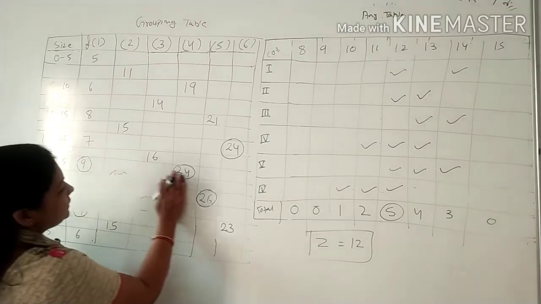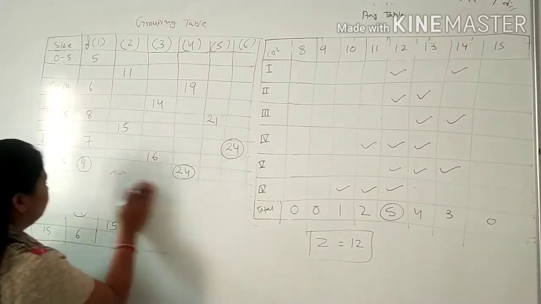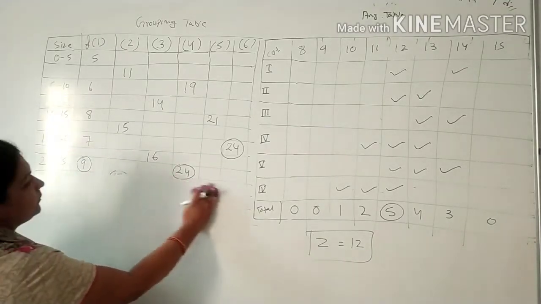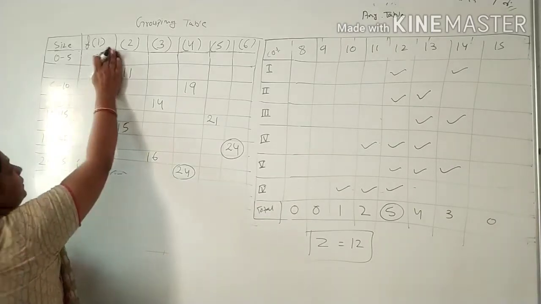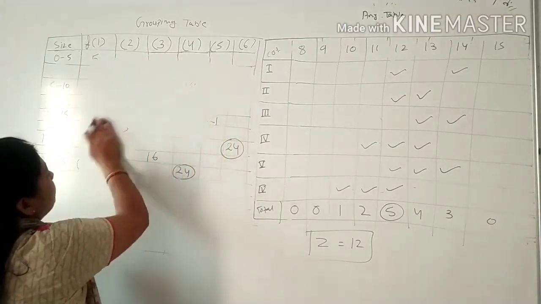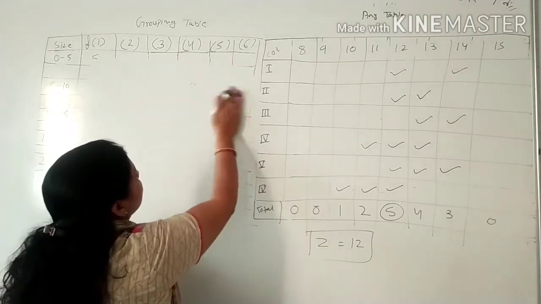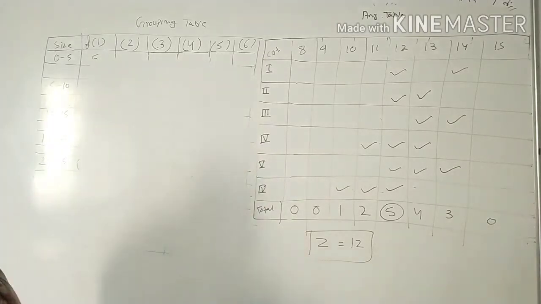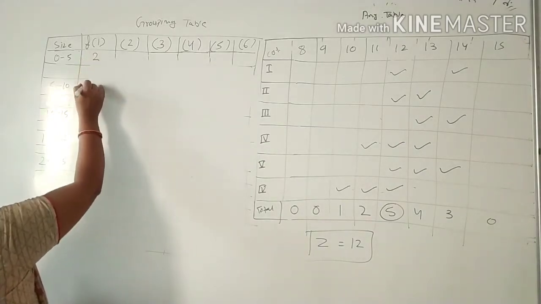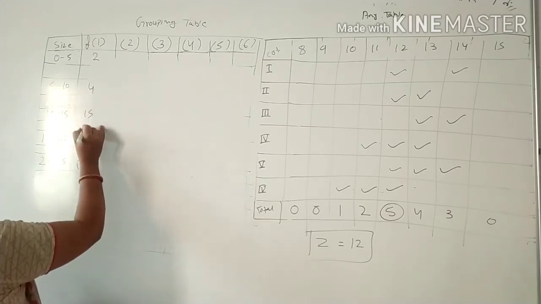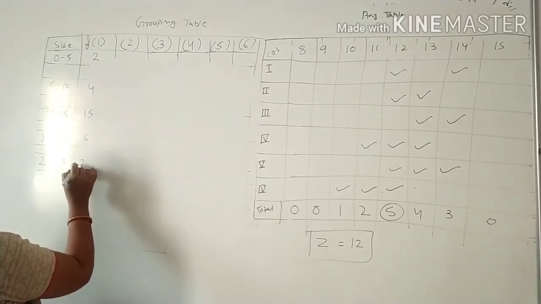Here only this much is given. Now, write down the frequency: 2, 4, 15, 6 and 7.